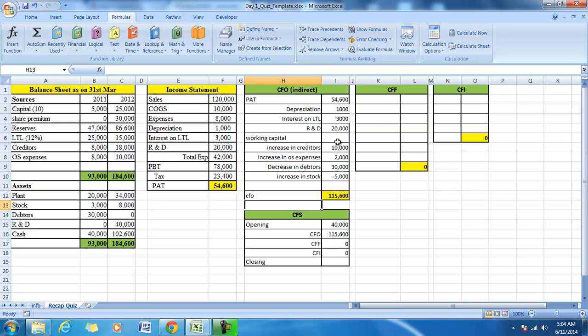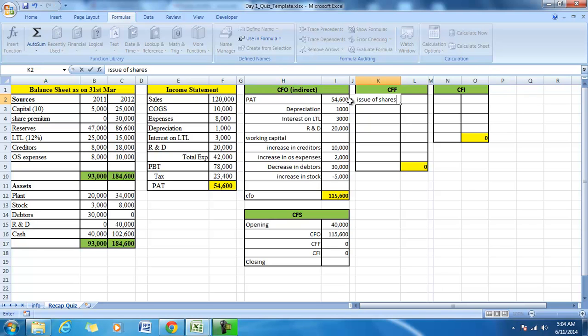115,600. Now we'll see cash from financing, which can be seen by examining the changes in the capital, premium, reserves and liabilities and the payment of interest. First we will see the receipts from cash from financing. There is an increase in the capital, so there is an issue of shares, and that too at a premium.